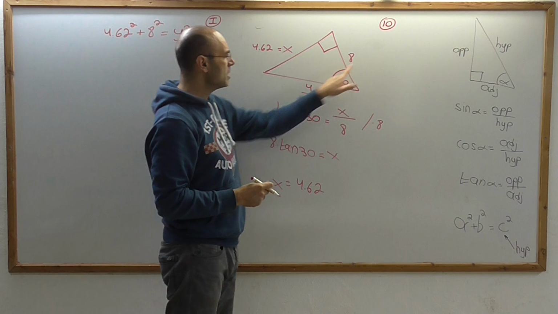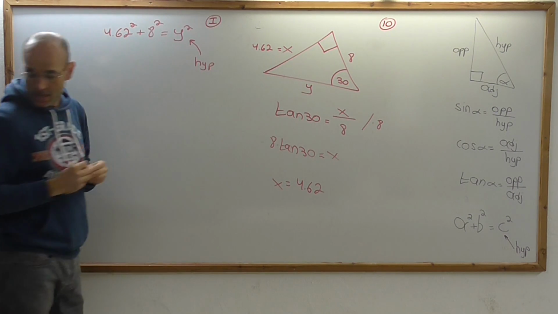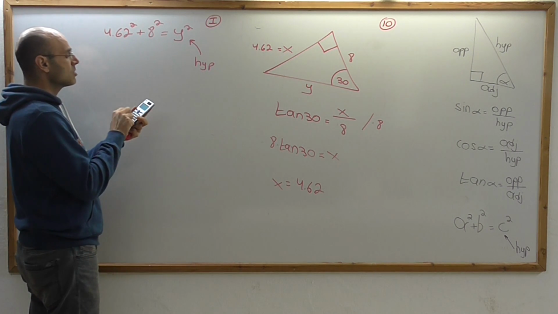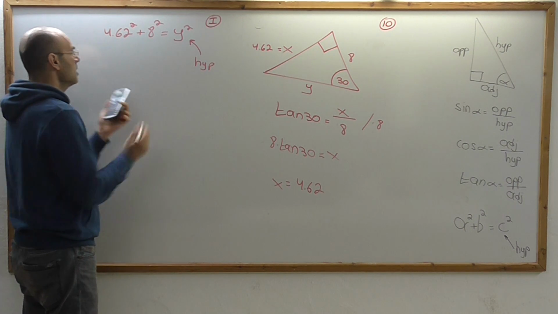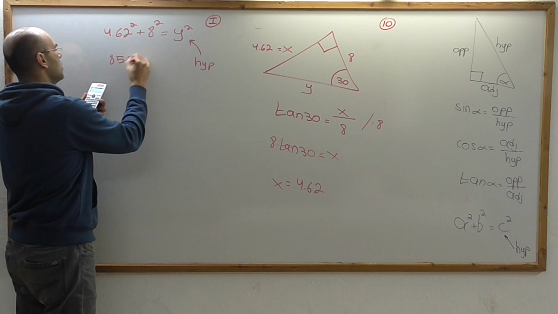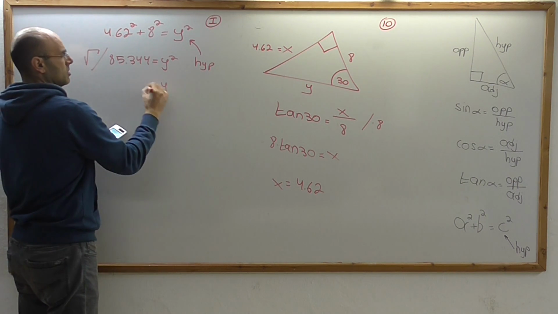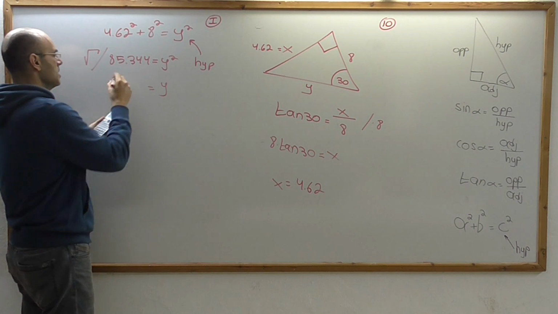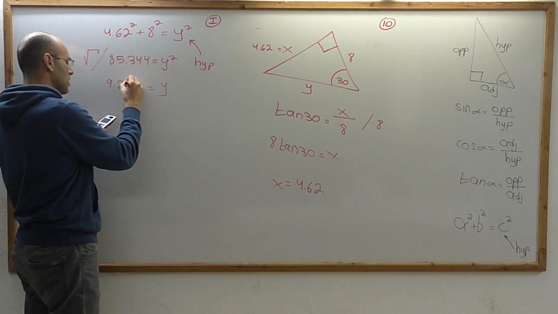This one is the hypotenuse. Okay, let's go to the calculator and find out. 4.62 squared plus 8 squared is 85.344 equals y squared. Let's do square root. Y equals 9.238.